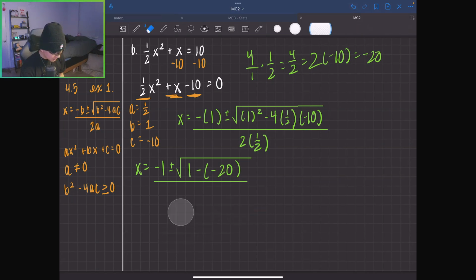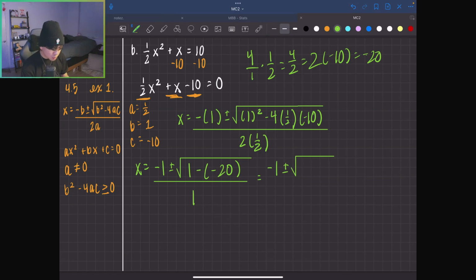So over 1. And then let's go ahead and fix inside the radical. So x equals -1 plus or minus the square root of 1 minus -20, which is the same thing as 1 plus 20.